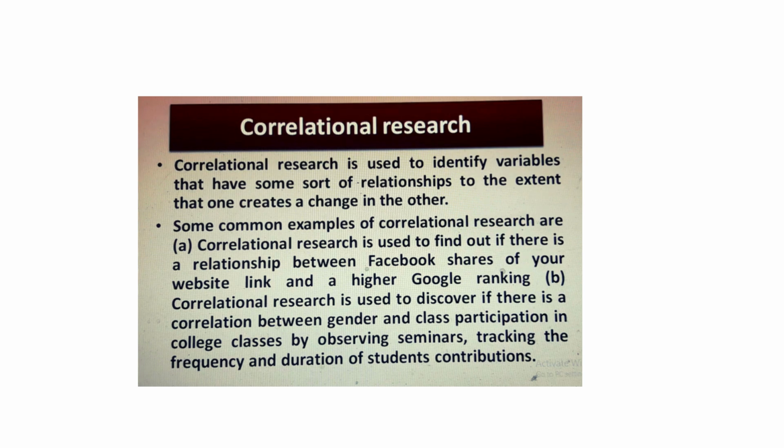It is also used to discover if there is a correlation between gender and class participation in college classes by observing seminars and tracking the frequency and duration of students' contributions.